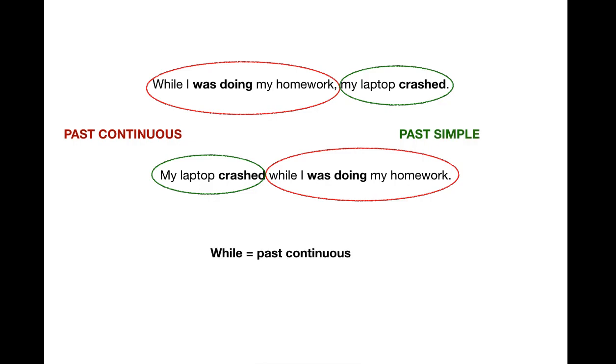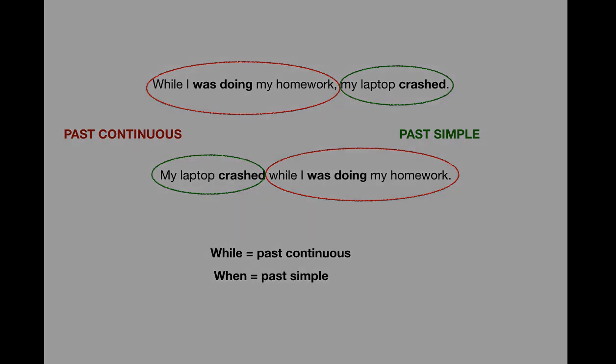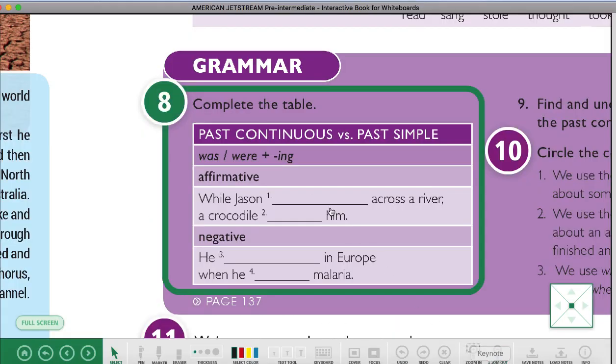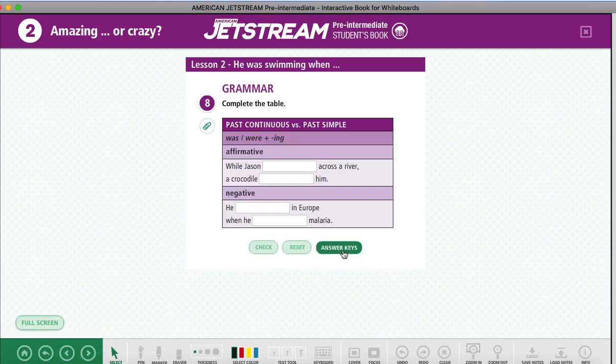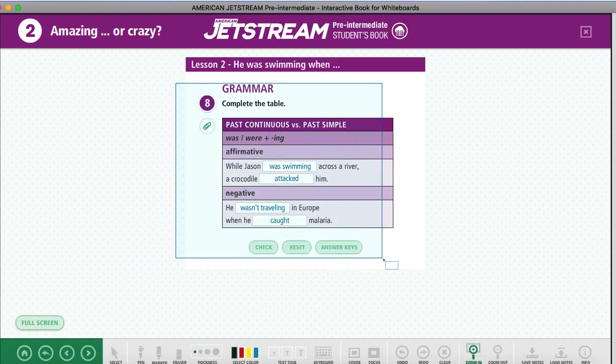And the final note is that we will use while with the past continuous phrase, like here, while. If you want to use this when, you can use it acompañando the past simple sentence. For example, look at the grammar. Here we're gonna see some examples, and look.